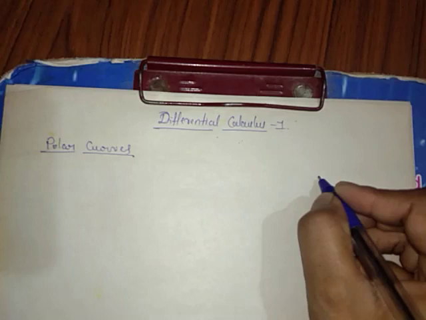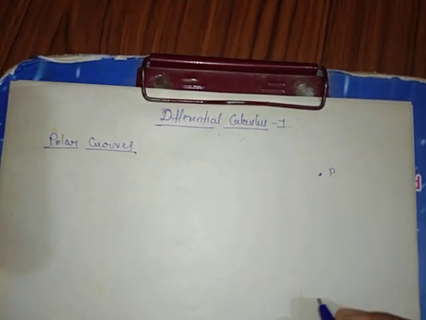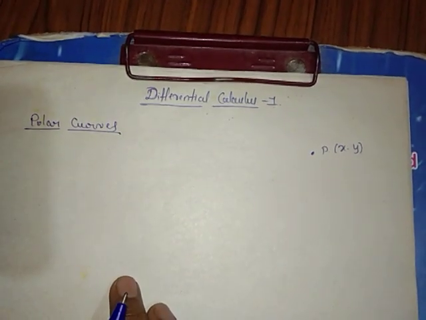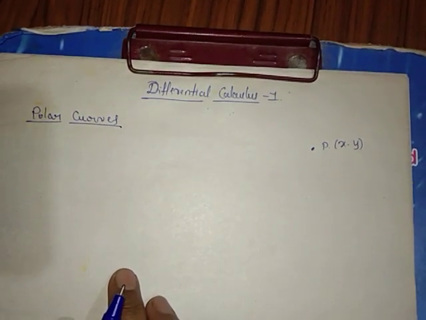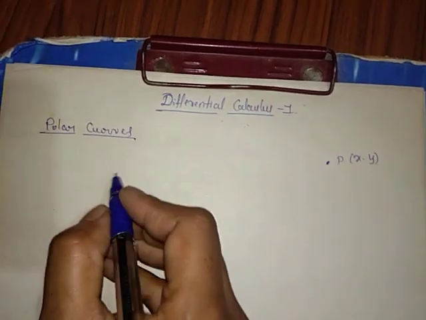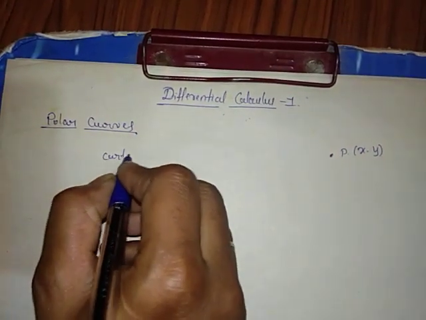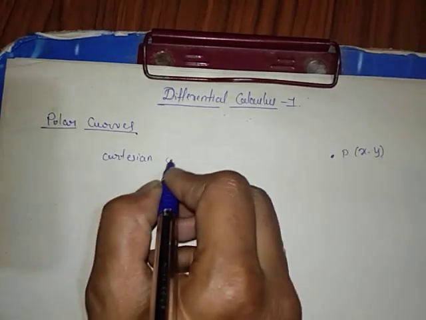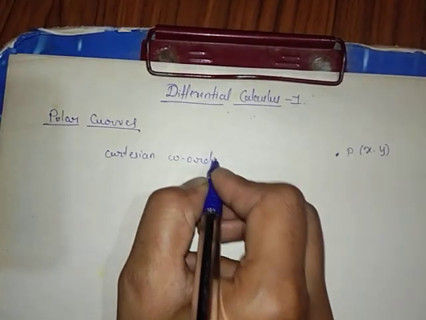Suppose we have considered any point P having the coordinates x and y. Here the coordinates x and y are called the Cartesian coordinates.